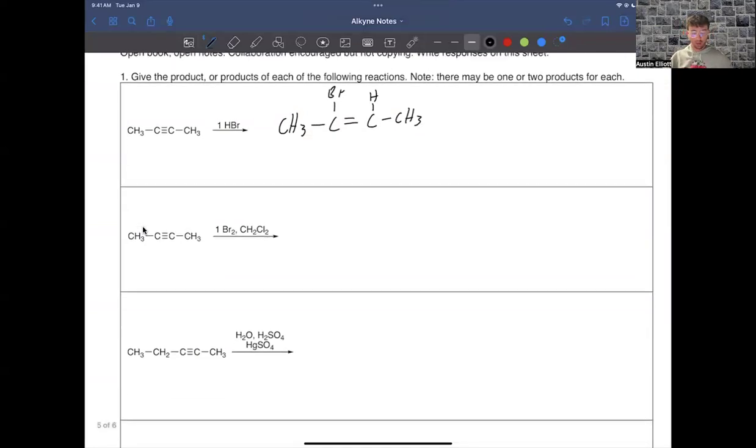Now our next one, we have one unit of Br2 and CH2Cl2. So in this case, we're going to be adding two bromines. If we had excess, or two Br2s, then we would add four. But for this one, it's going to be CH3 and 2R like this.